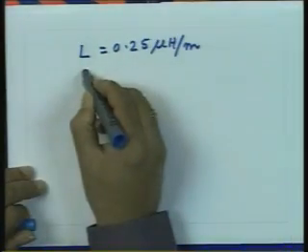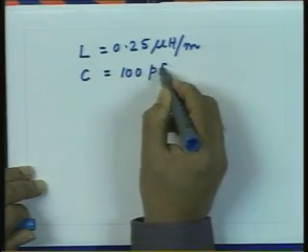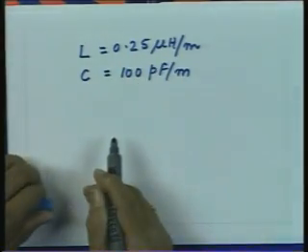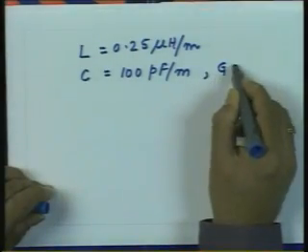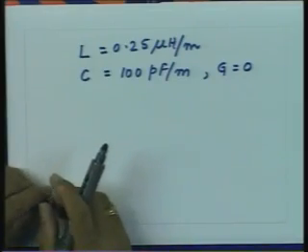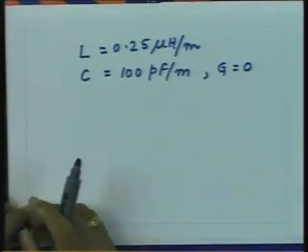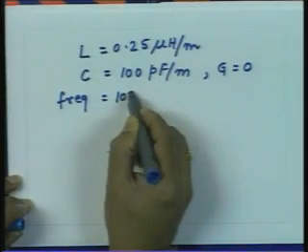Let us say the capacitance per unit length is 100 picofarad per meter. Let us say the conductance per unit length is 0 for this transmission line. So, G is equal to 0, and we want to know what should be the resistance per unit length of the transmission line, so that the line can be treated like a low loss transmission line. Let us say the frequency of operation is equal to 100 megahertz.